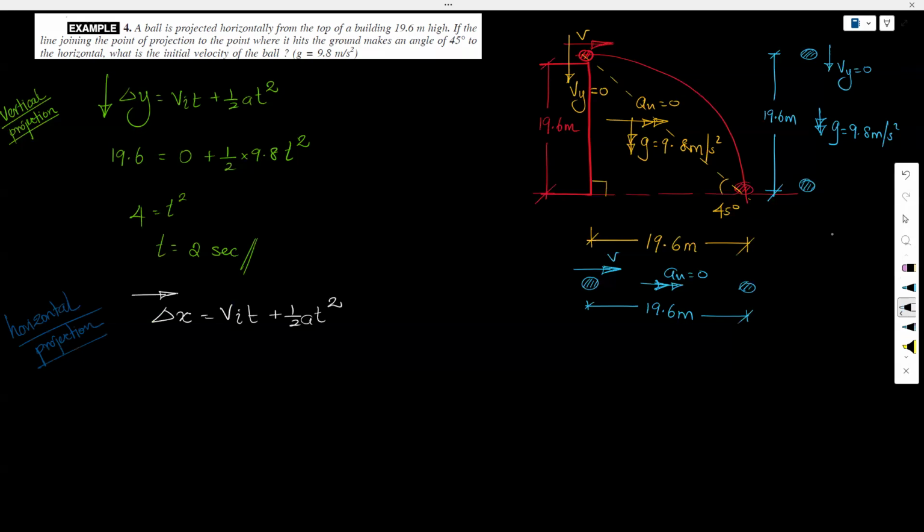I'm going to use it in the horizontal direction as positive. So the displacement is 19.6, initial velocity unknown, time of flight 2. So Vx is 19.6 divided by 2, which is 9.8 meters per second, right? So that is your initial velocity, and your time of flight is there.